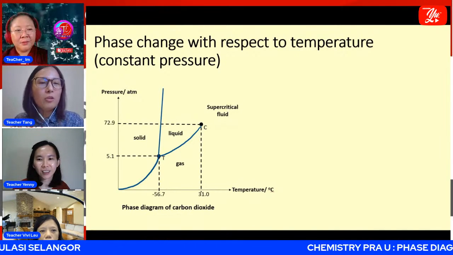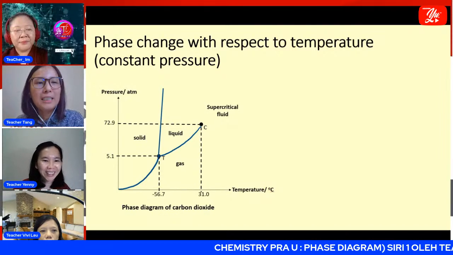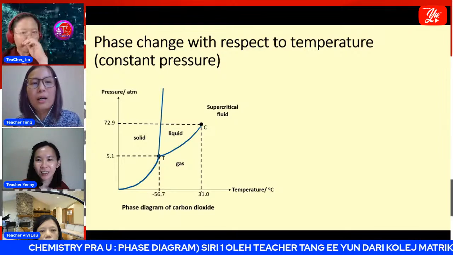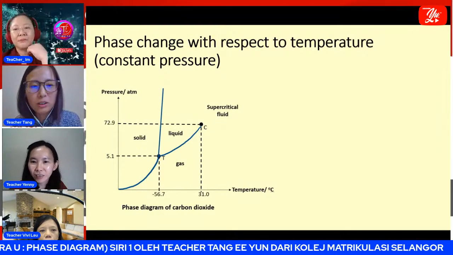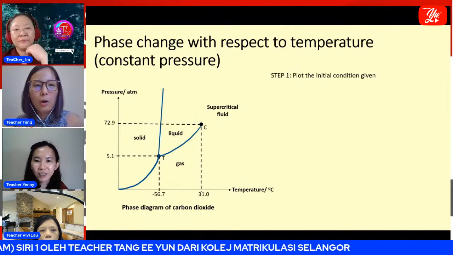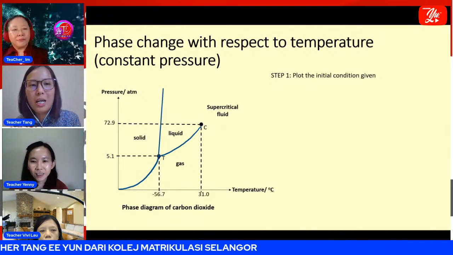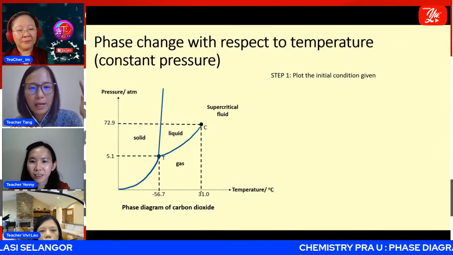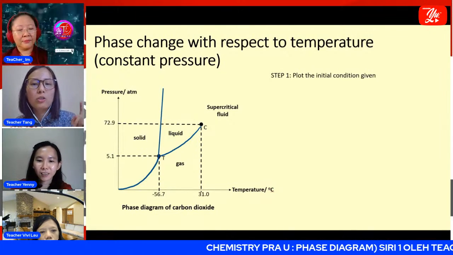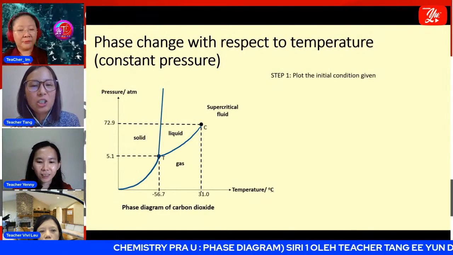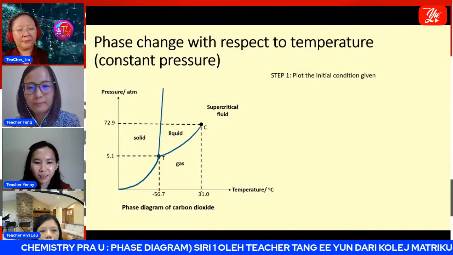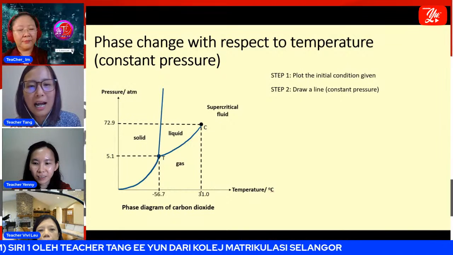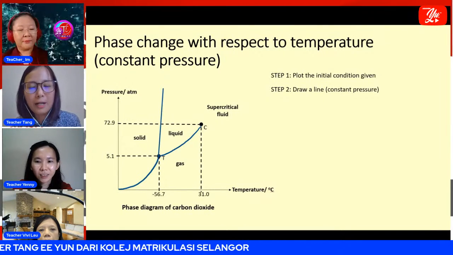Okay, so now we move on to look at how to explain phase change with respect to temperature when the pressure remains constant. There are a few steps you need to follow. First, plot the initial conditions given. Second, you can draw a vertical line or horizontal line to represent constant pressure.